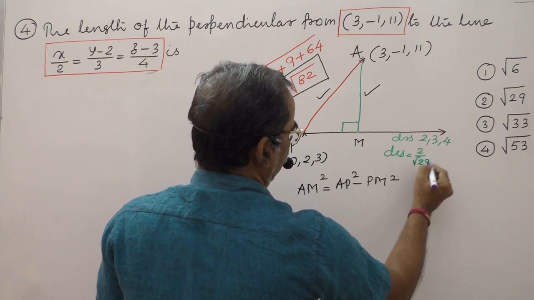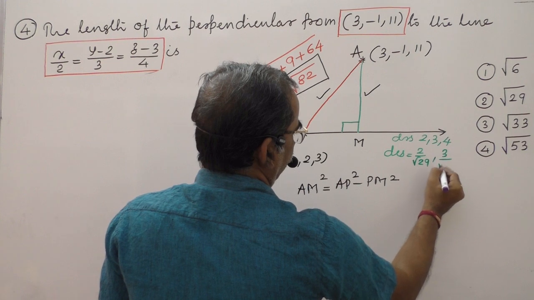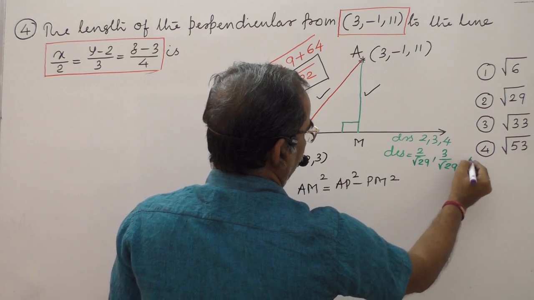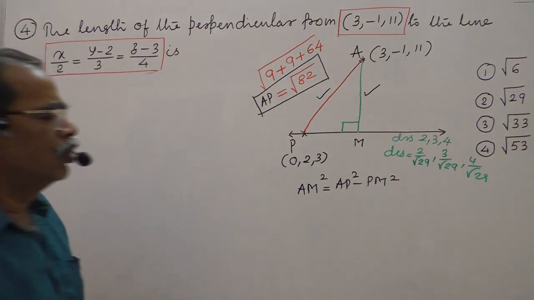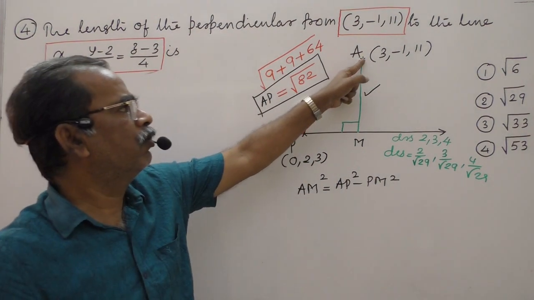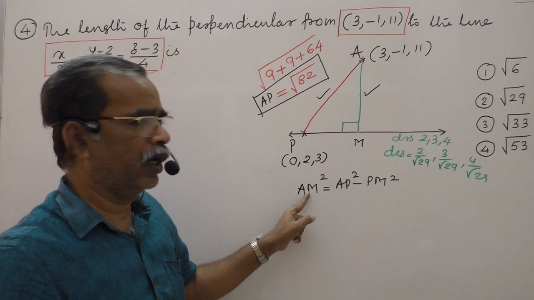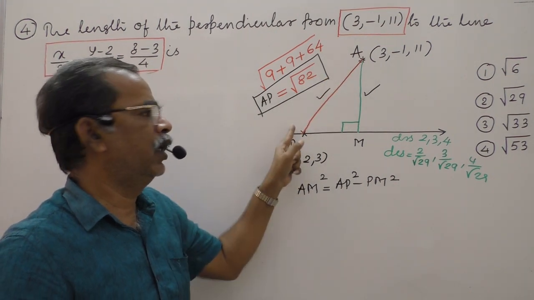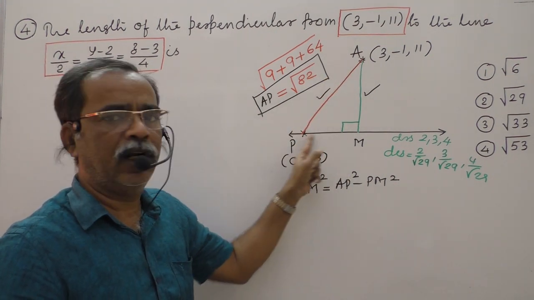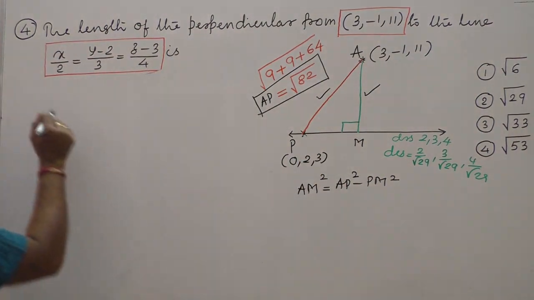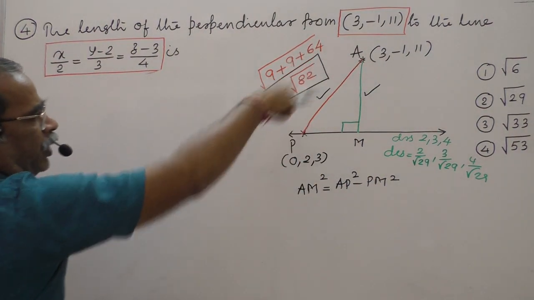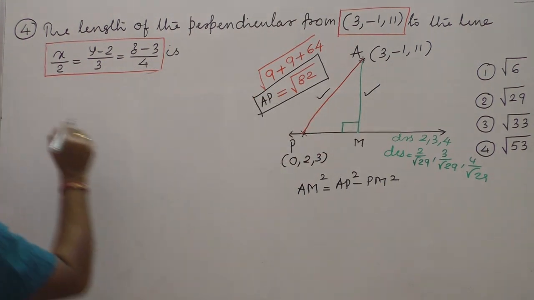So 2 divided by root 29, 3 divided by root 29, 4 divided by root 29. Once again, we have to find this distance AM. We have already found AP. Now I will find PM. What is PM? PM is length of the projection of PA line on the given line.